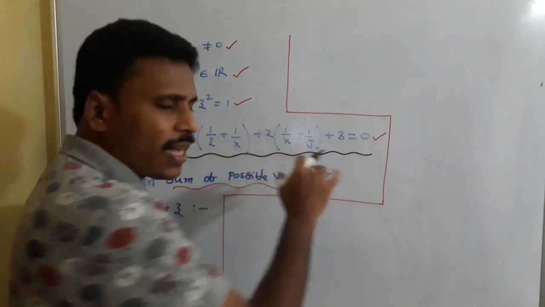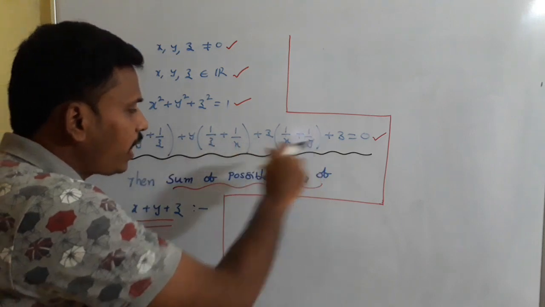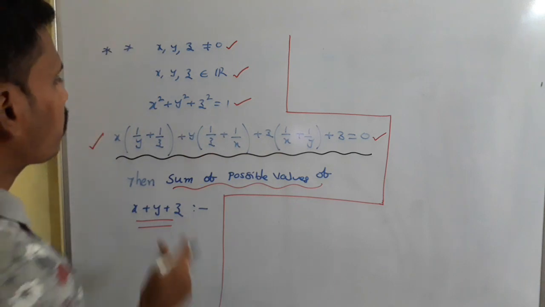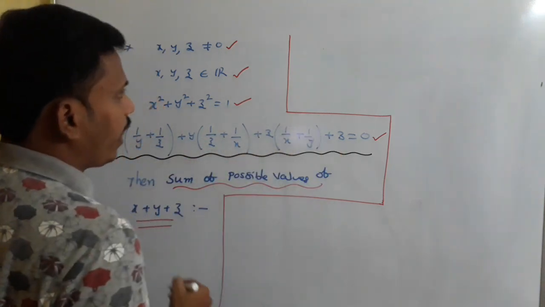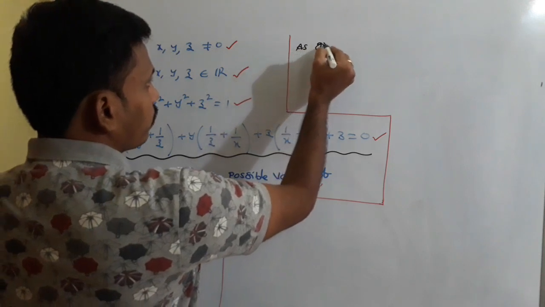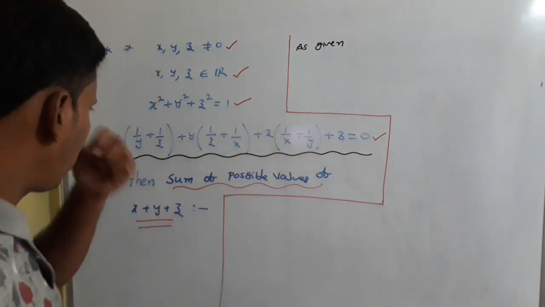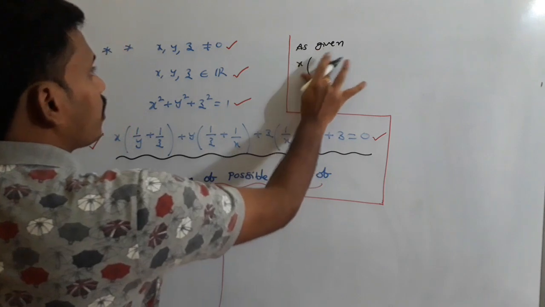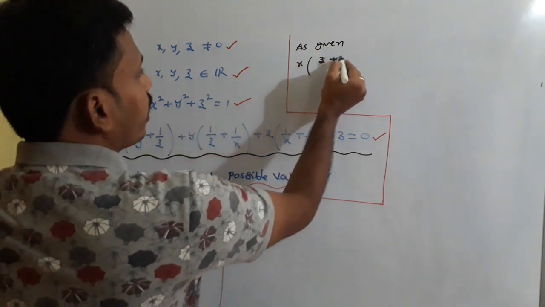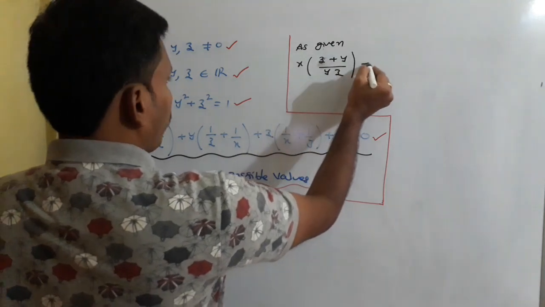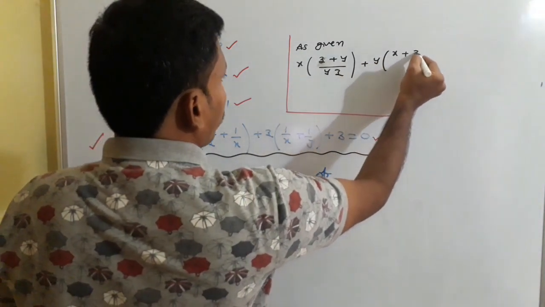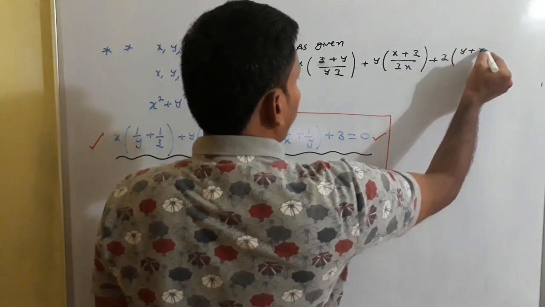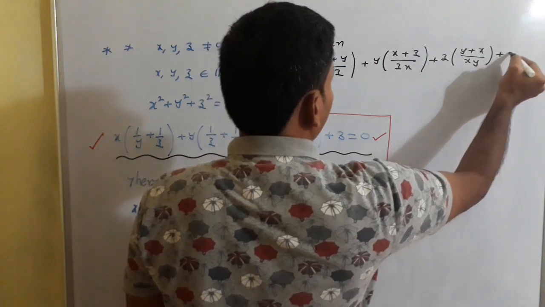If you name this equation as equation 2 or anything, you multiply this equation completely with the product xyz. First, if you rewrite this equation, as given, x times, if you simplify in the bracket, you will get z plus y by yz, plus y into x plus z by zx, plus z into y plus x by xy, plus 3 is equal to 0.